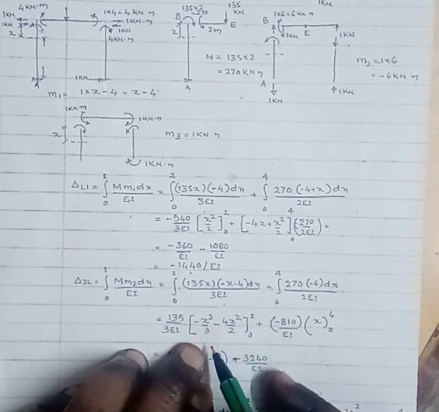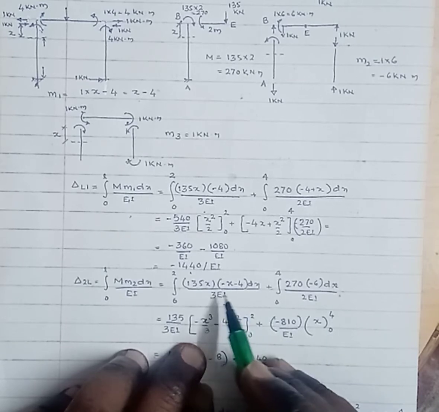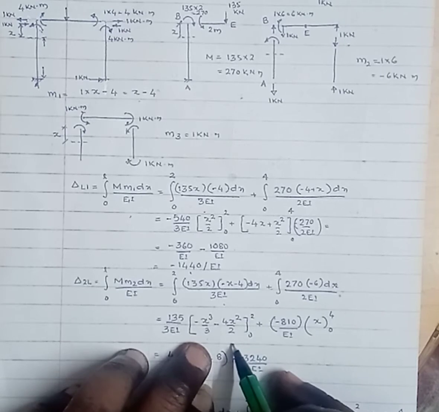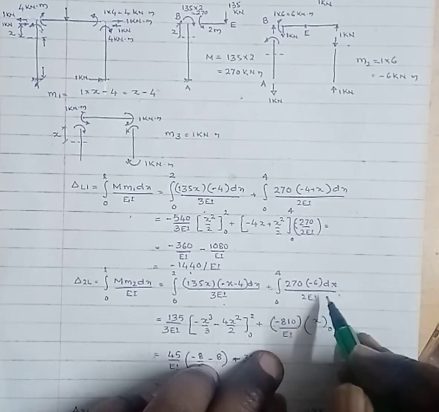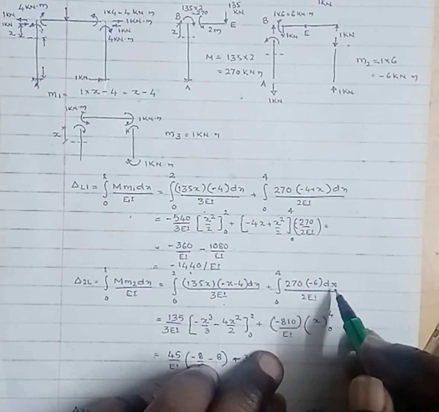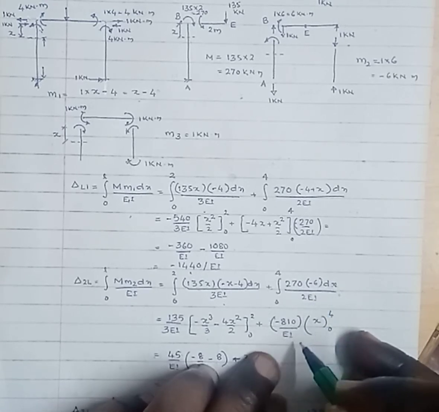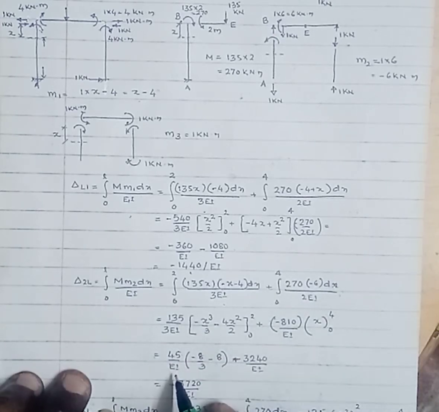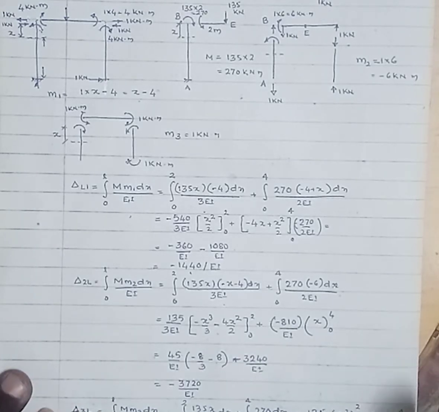Integration of minus 4 into x, that is minus 4x square by 2 within the limits 0 to 2. Then integration of 270 into minus 6 dx, that is minus 810 into x divided by EI. By substituting the limits here, after simplification, you will get minus 3720 by EI.